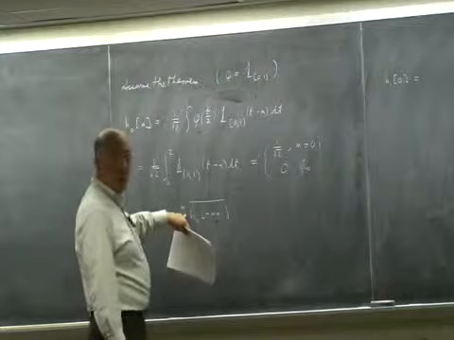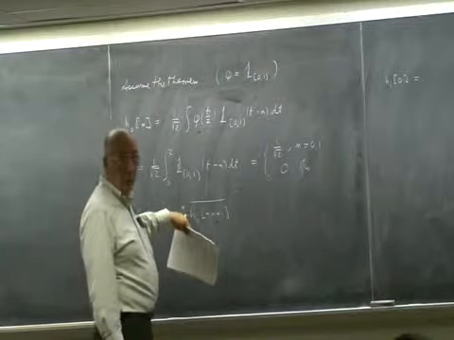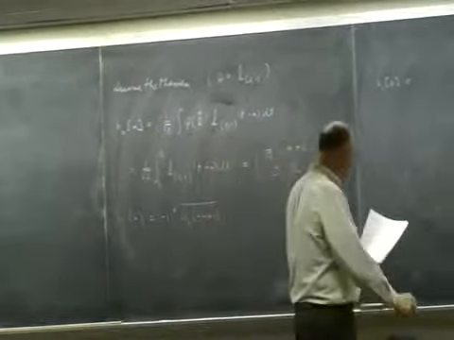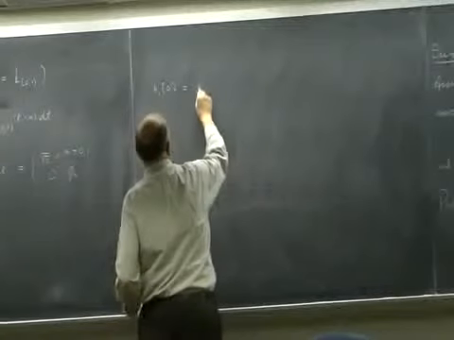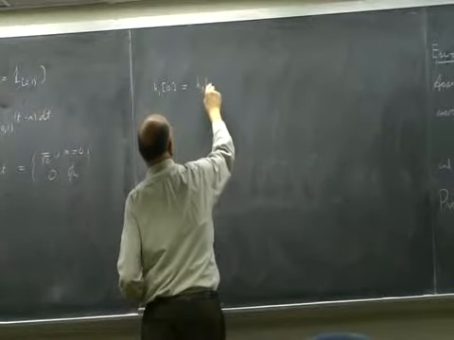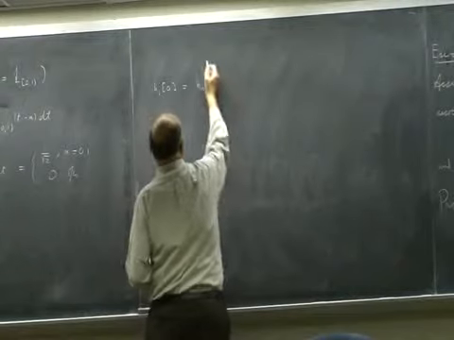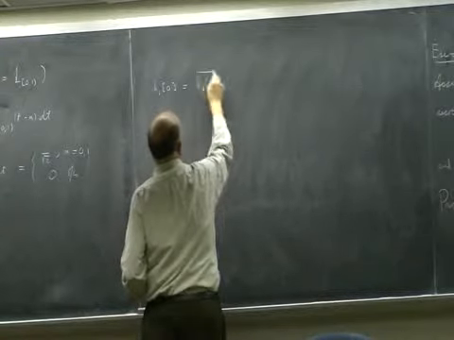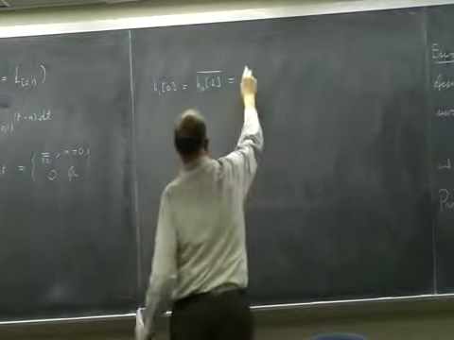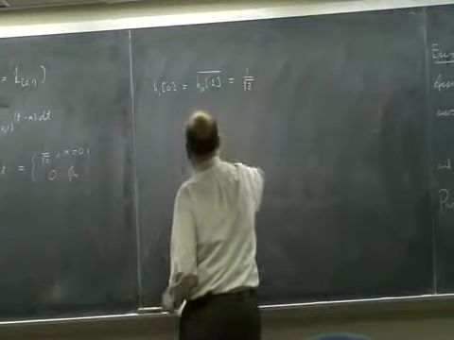And I get a plus 1 over the square root of 2. So this is equal to H0 of 1, conjugate, which is equal to 1 over the square root of 2.